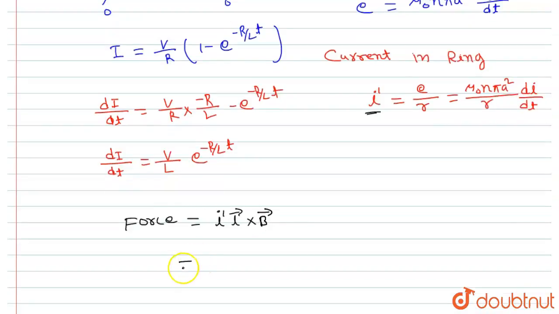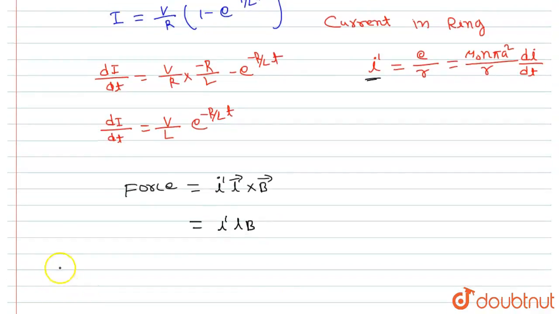Now from here I dash is equal to mu naught N into pi into A square divided by R. Before that we have to write this I L B, because they are mostly perpendicular to each other, so this is equal to I dash L B, we can write.